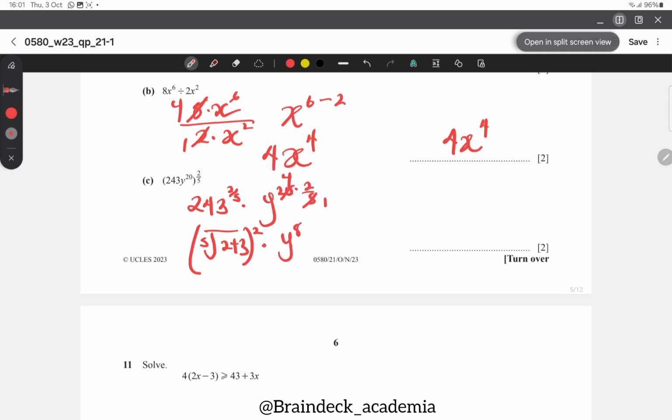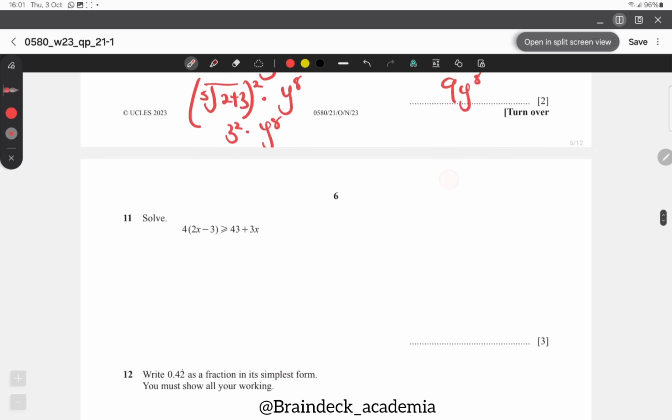The 5th root of 243 is 3. That would be 3 raised to the power 2 times y raised to the power 8. Answer: 9. 3 raised to the power 2 is 9, y raised to the power 8. That's the answer for that. It's as simple as that.